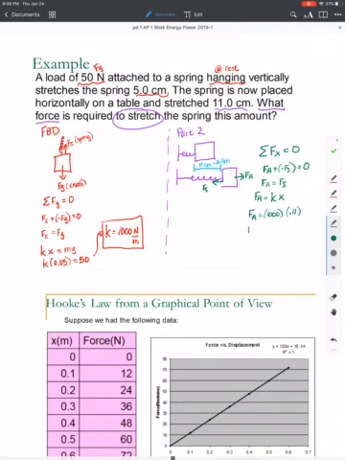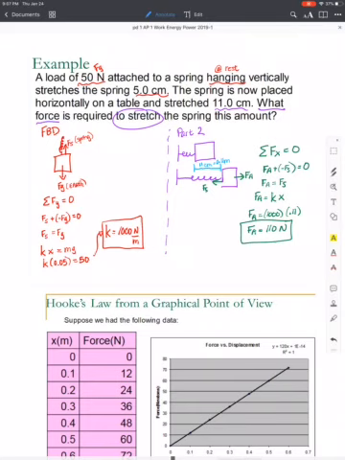When I do my multiplication, I get an applied force of 110 newtons. So I would have to pull with 110 newtons to stretch this spring 11 centimeters. That is an example of how we're going to use Hooke's law to calculate things in the horizontal and vertical directions when we have different problems.